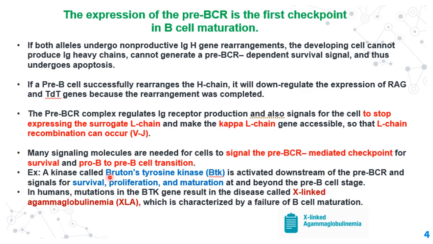So that is going to be a signal for the B cell that it should die. This specific protein for B cell survival is called Bruton's tyrosine kinase, or BTK.